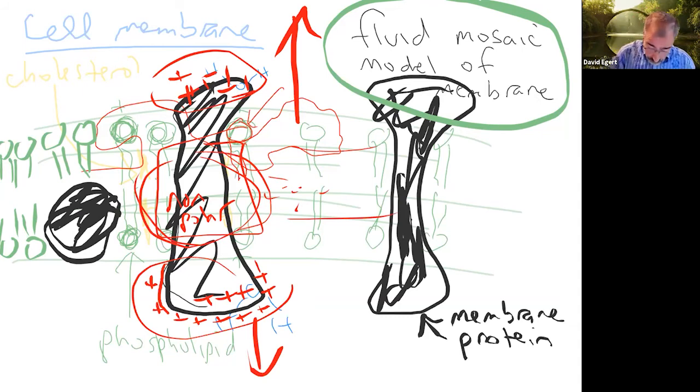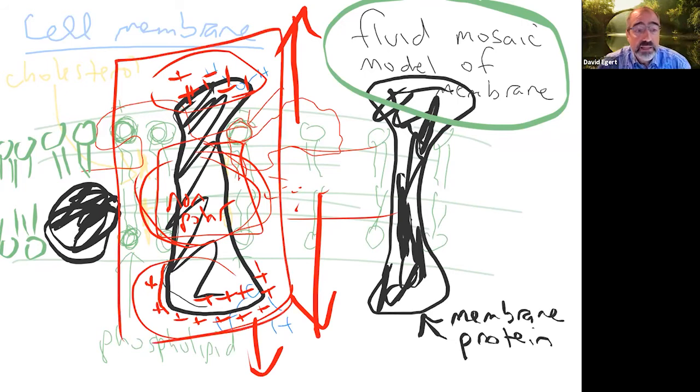If I try to pull this the other way, the same thing. Whichever way you push it, it wants to just be right like this, with the two polar regions facing outside and inside, and this nonpolar region being situated in the nonpolar region of the membrane.